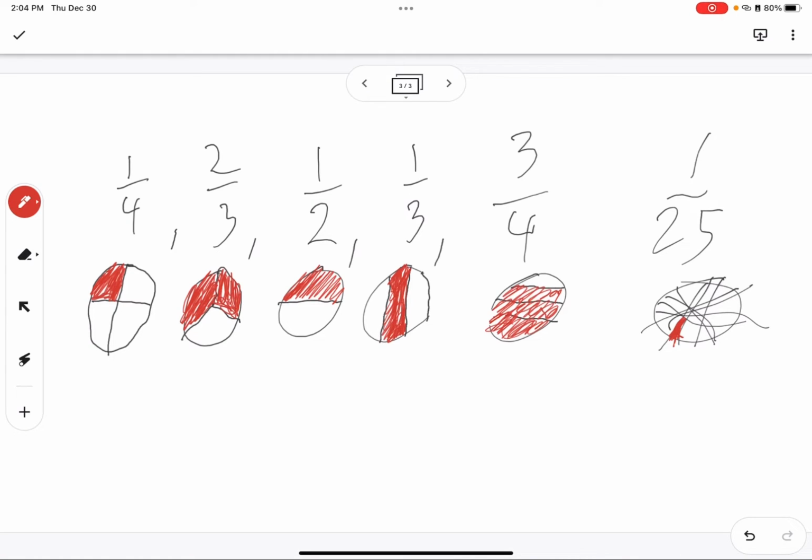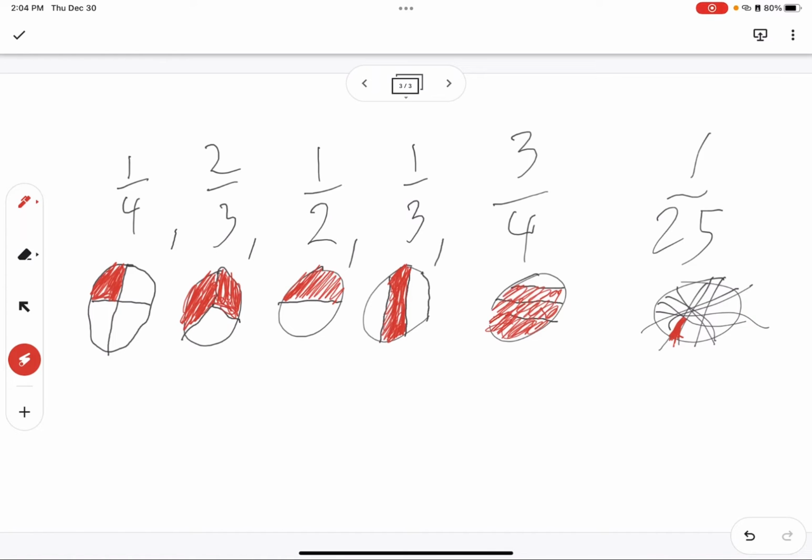Okay, so that's why it's important that when looking at fractions, you take a look at the denominator. Notice how the bigger the number is, the smaller each part is.